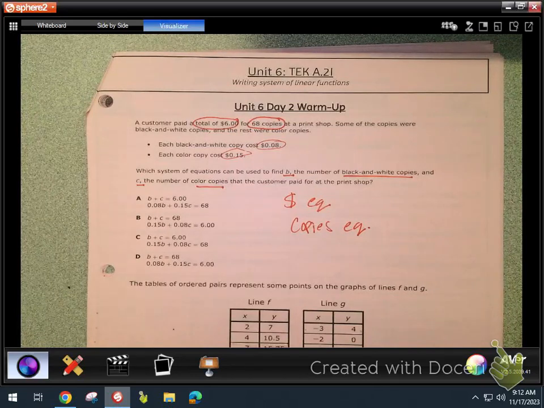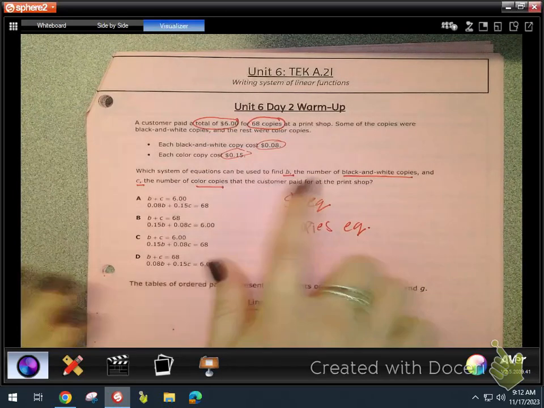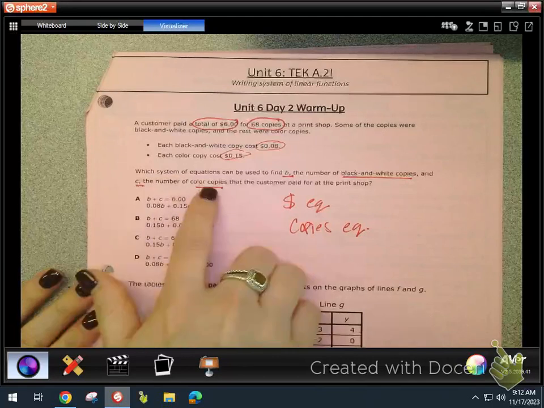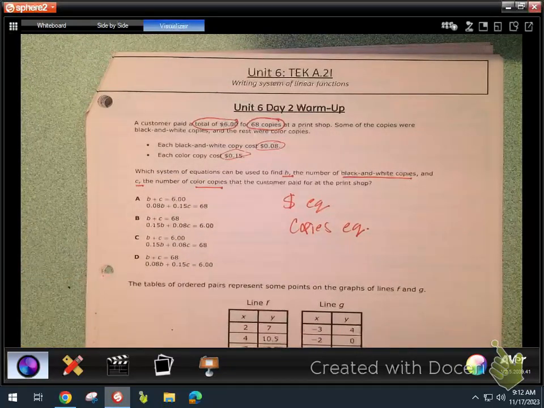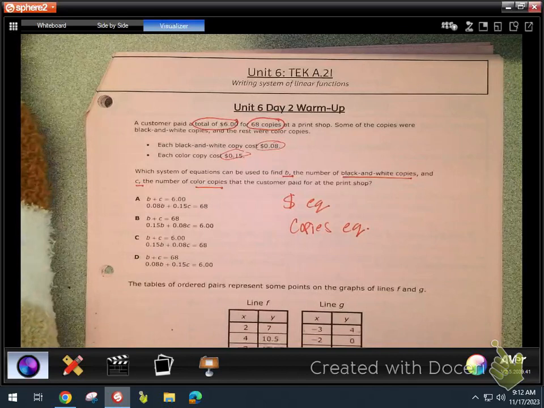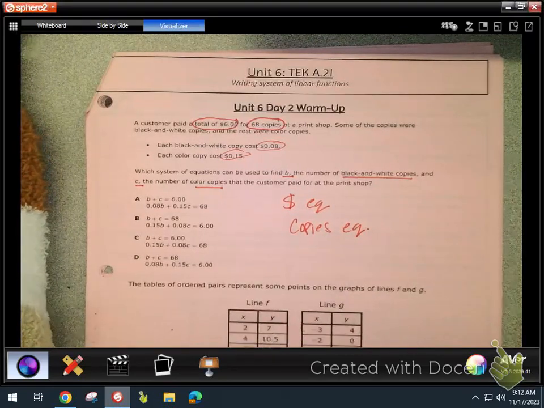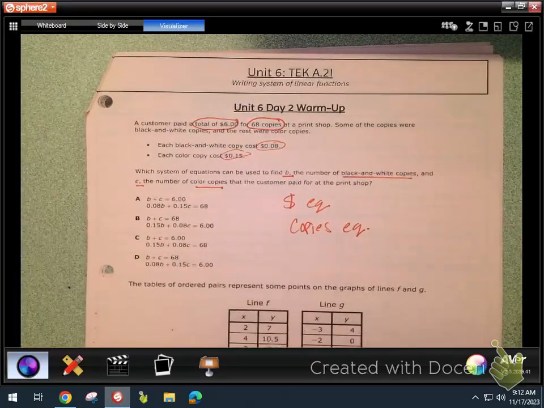So if B represents the number of copies and C represents the number of copies, then what does B plus C have to equal? $6? Copies plus copies equals dollars? No. 68. Copies plus copies equals copies.